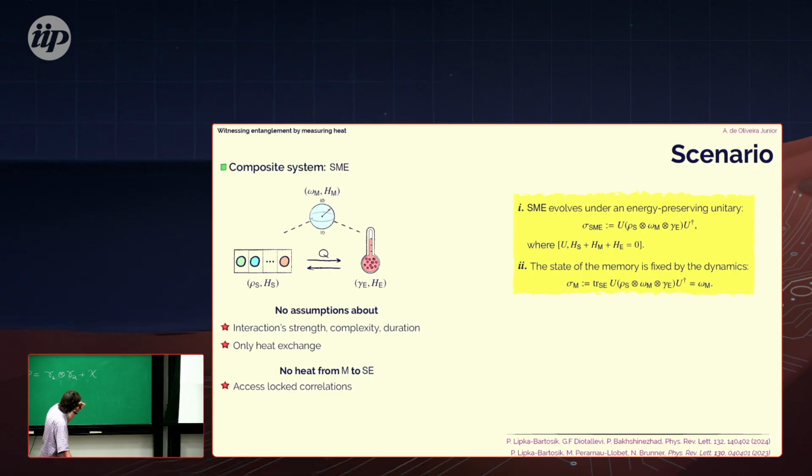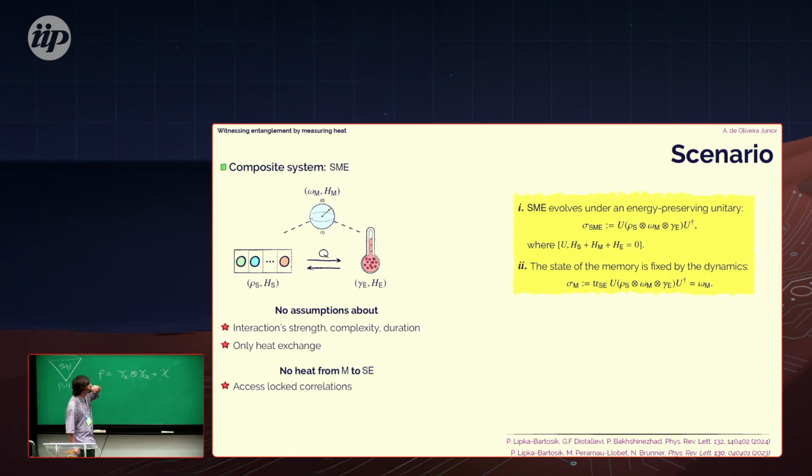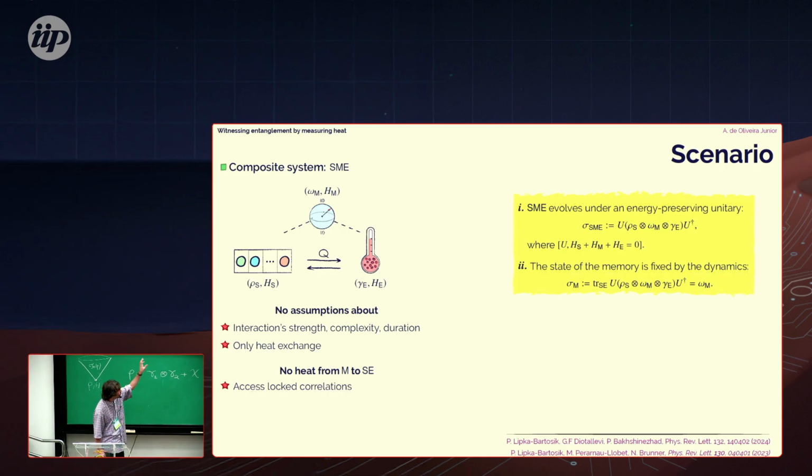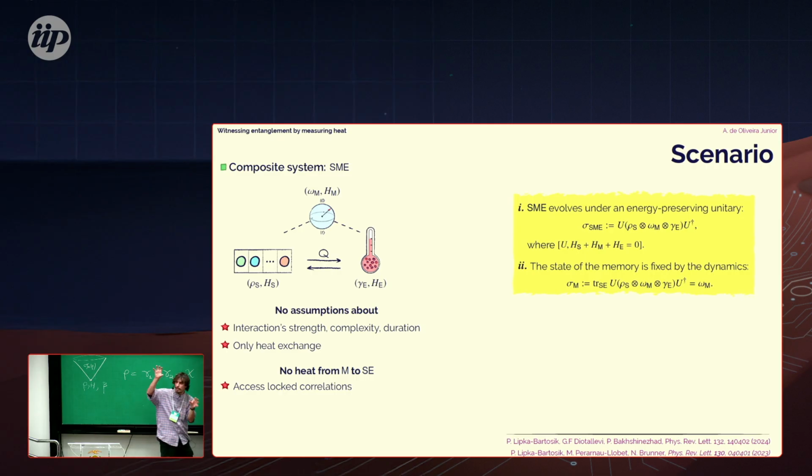A very nice thing that you can prove, which is in the exercise, is that if you couple those systems with energy-preserving unitaries and look at the energy difference, which is your heat, only elements of the density operator of your system sitting in the degenerate energy subspace will contribute to the heat exchange. But if you have this mediator, you can access elements which live in the non-degenerate energy subspace, and this gives you a door to access those locked correlations.